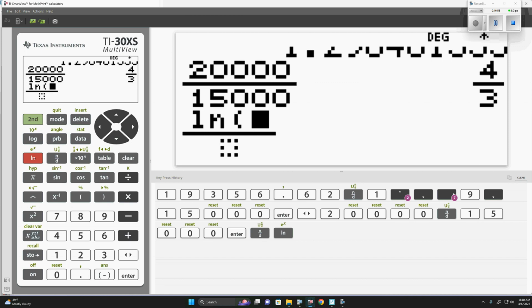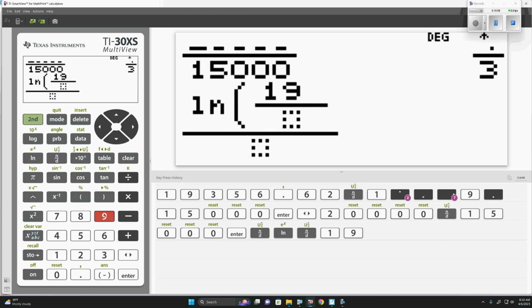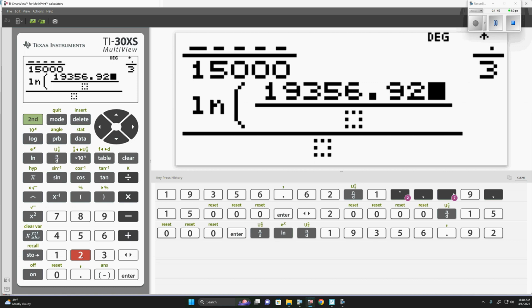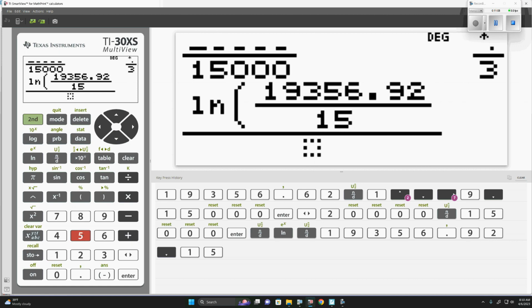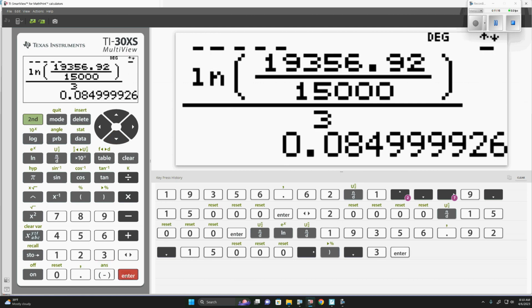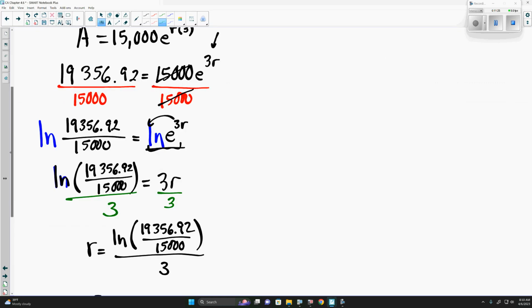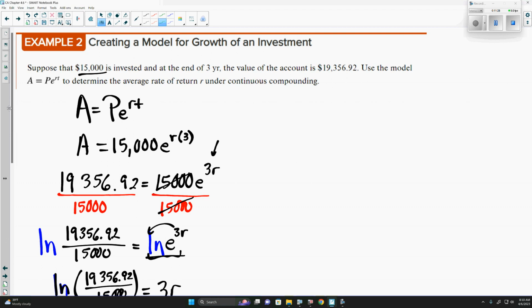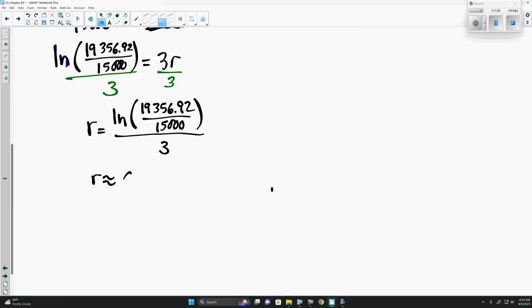So we start off with a fraction, ln of the fraction 19,356.92 over 15,000, all divided by 3. That gives 0.08499. And if we look back here, determine the average interest rate, 0.084999.